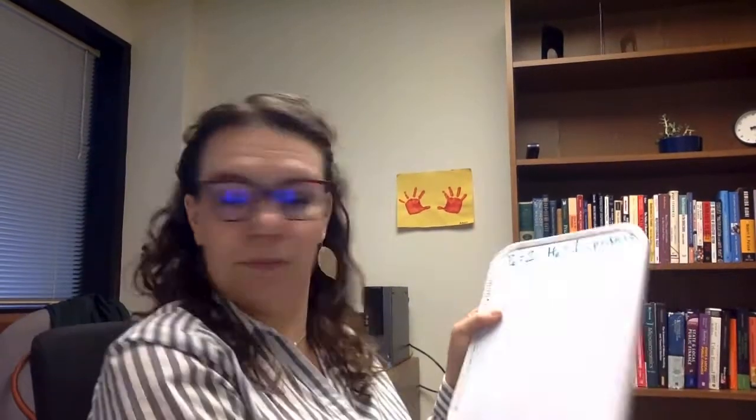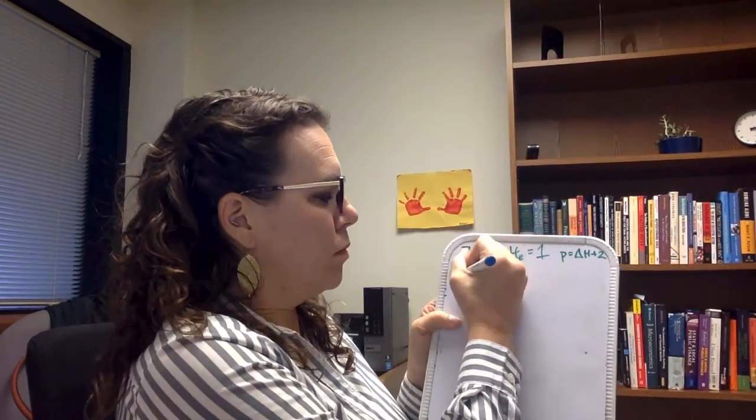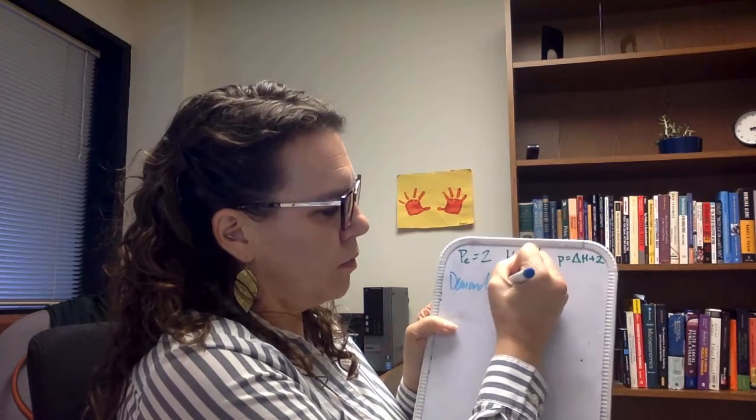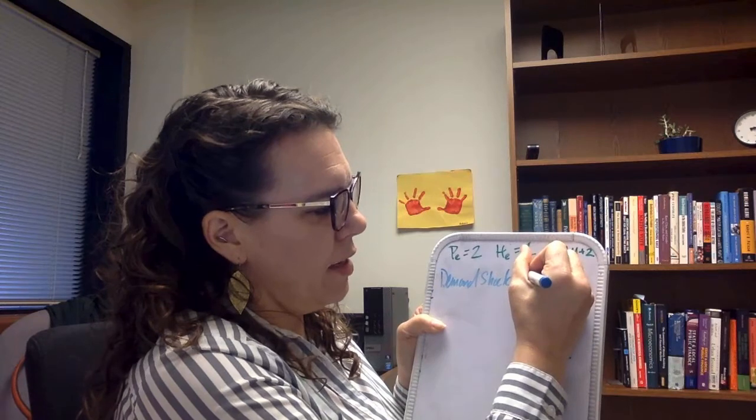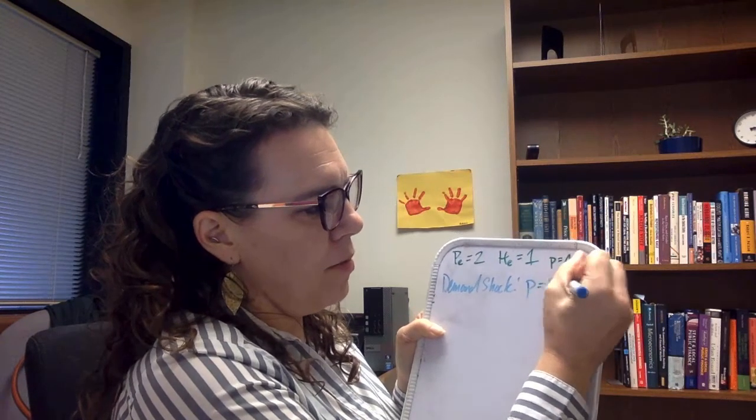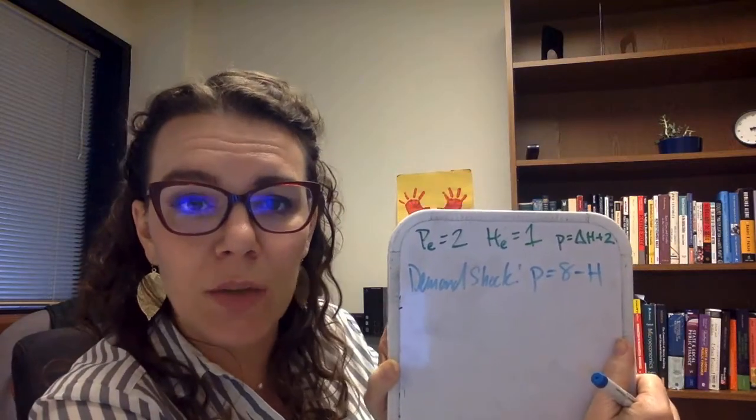So now we have a new demand curve of P equals 8 minus H. So initially we had our equilibrium price of 2 and our equilibrium value of housing, which was 1, and our supply curve was P equals change in housing plus 2. And now we have the demand shock.